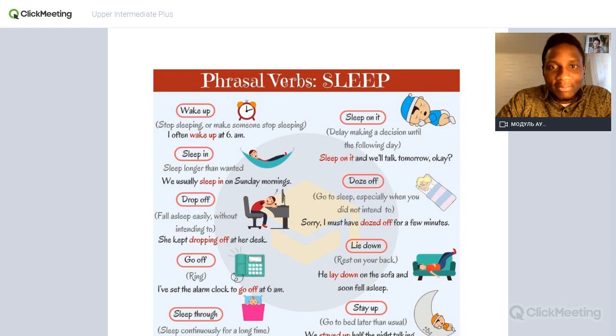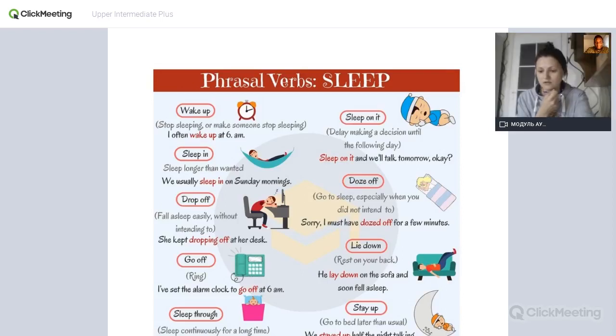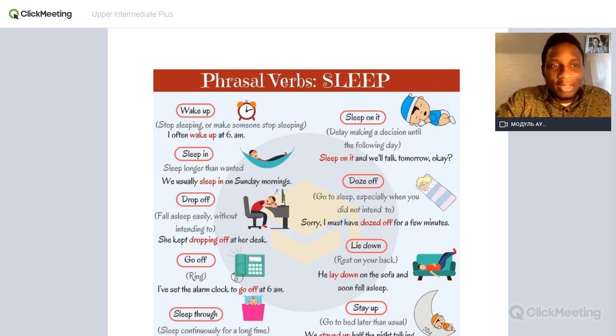On a working day, I go to bed about 10 or 11 p.m., and on weekends it can be 12 or 1 a.m. Basically, how many hours do you sleep a day? About 8 hours.